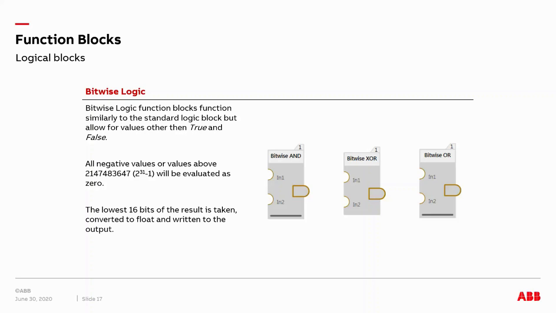All negative values or values above 2.1, that's about 2.1 billion, which is 2 to the 31st minus 1, will be evaluated as 0. So that's something to consider here. And then the lowest 16 bits of the result is always taken. So if I ultimately do the ANDs and the ORs and the XORs and it grows above 16 bits, I'm only going to be able to pass out the first 16 bits of whatever that result would be and write it to the output.